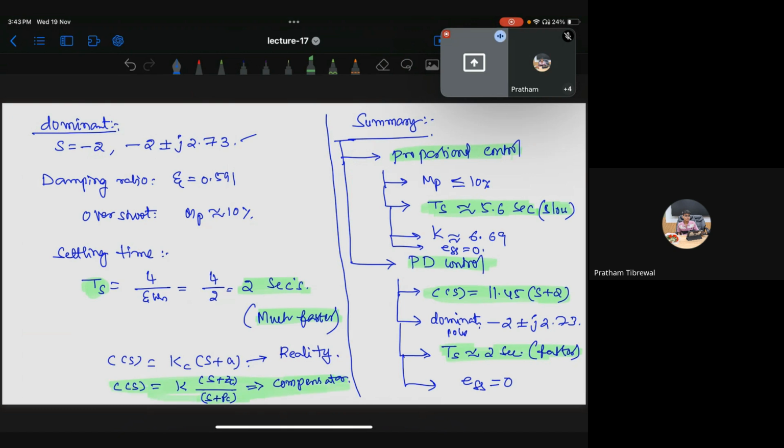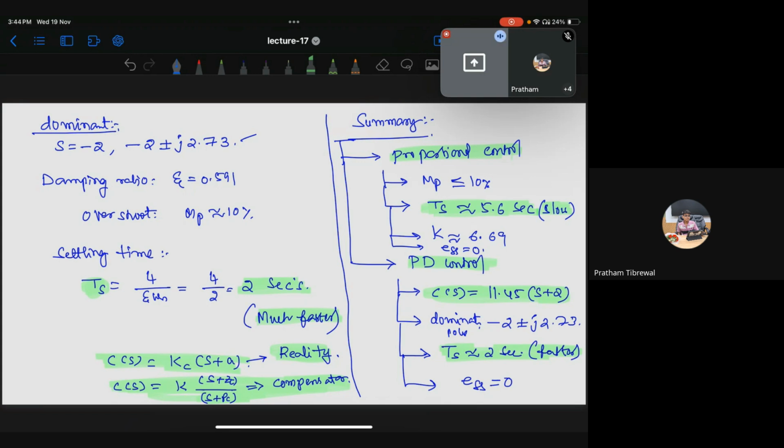So these PD controllers are not realizable in reality; it is not possible to provide them practically. That's why we go for compensators. How can we solve similar problems with compensators? With lead compensator, lag, and also lead-lag compensator.